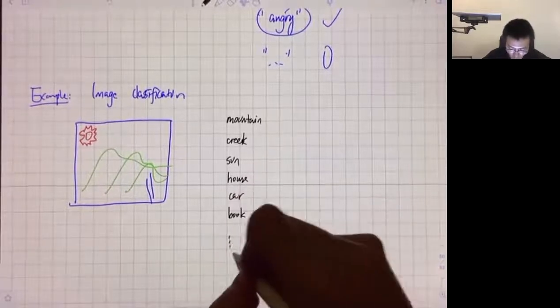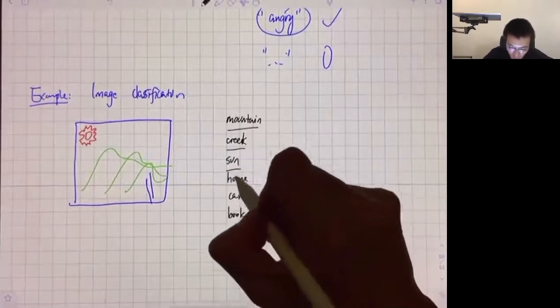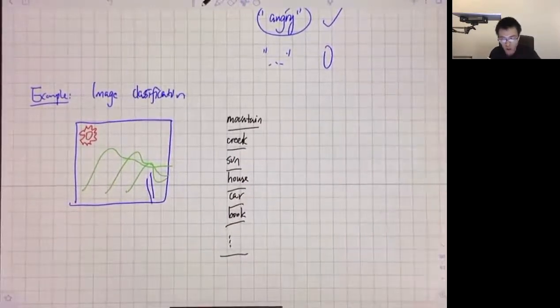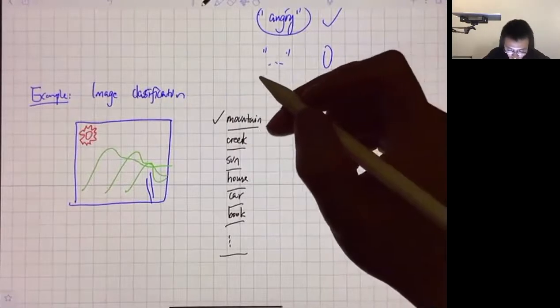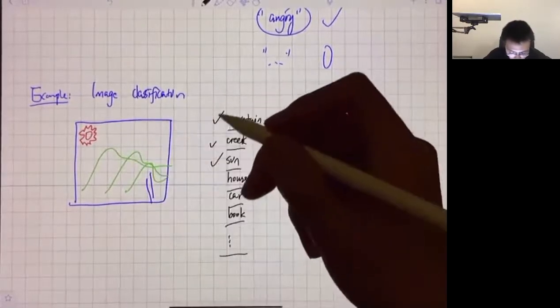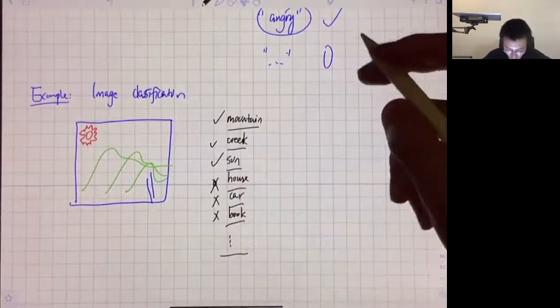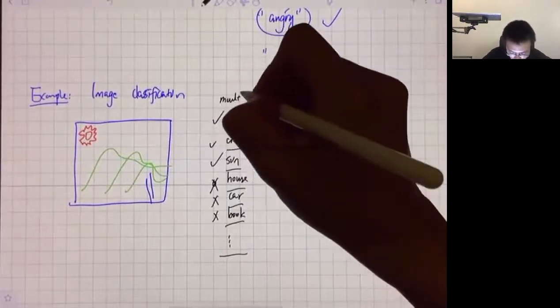Suppose you have a finite number of categories. In this case, it's possible that your ground truth, your target in your training data, contains the tags mountain, creek, and sun for this image, but not other things. Then it's a multi-label classification.